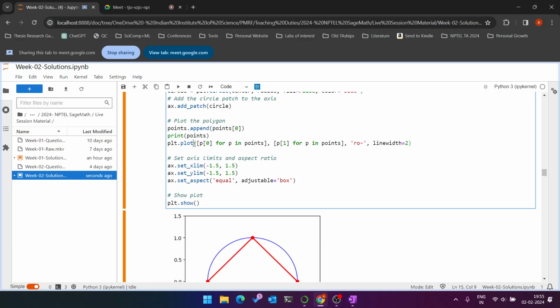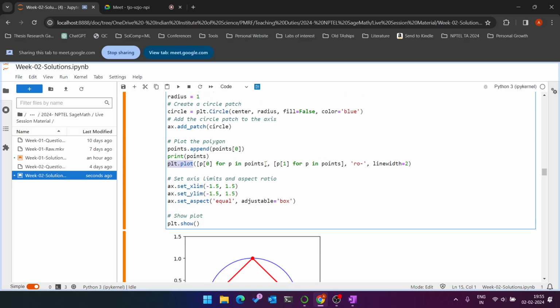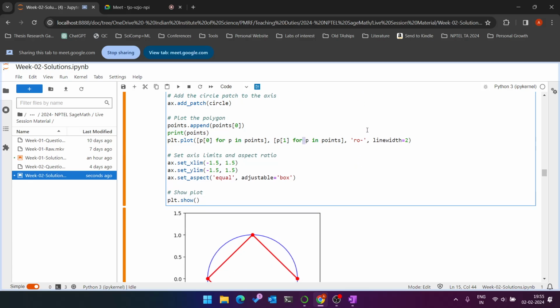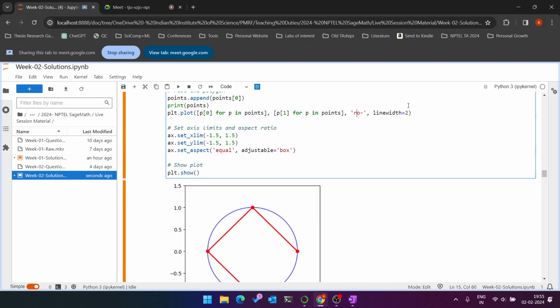Finally, I'm invoking plt.plot to plot all the points with my x array being the first entry for each of the points and the y array being the second entry for each of the points. I'm asking it to use color red and have a line width of 2 with circles at the end of the line segment.